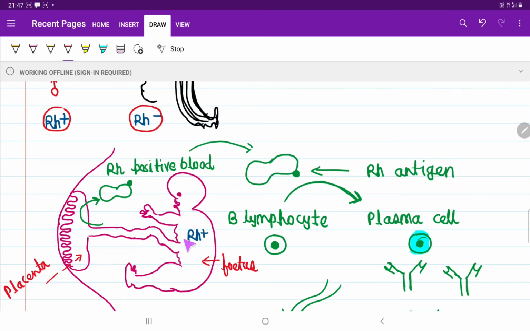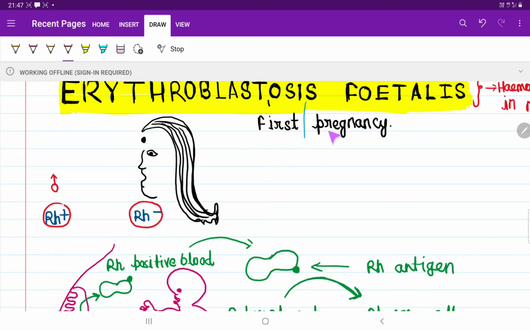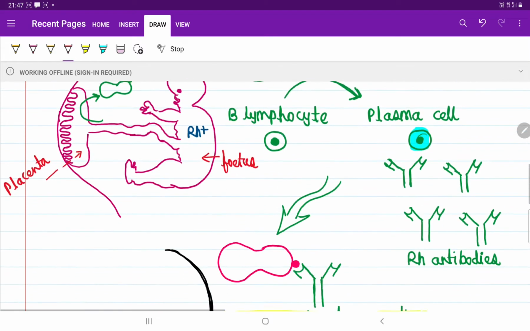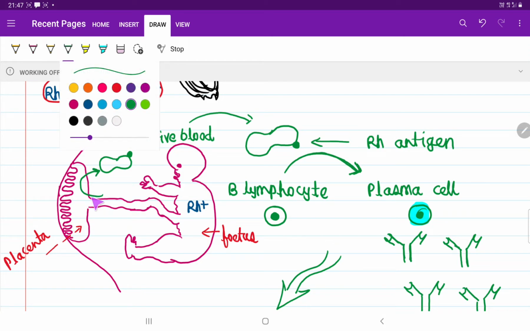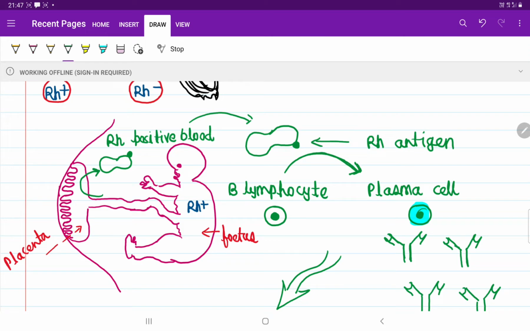This is how the fetus gets nutrition. The first pregnancy is completely safe, but at the time of delivery, at the time of parturition, it is possible that some red blood cells of the fetus enter through the placenta into the mother's blood.